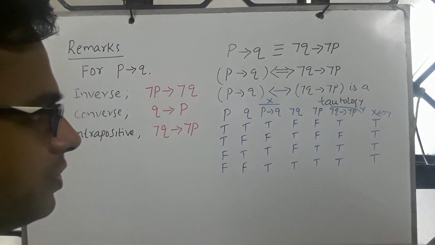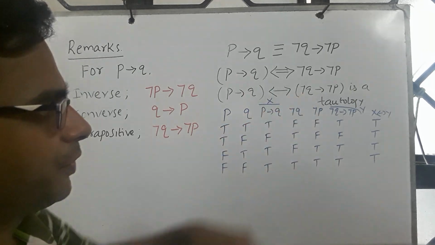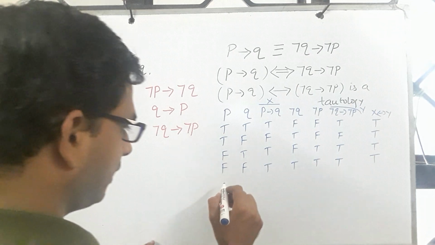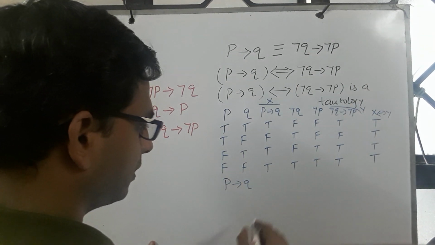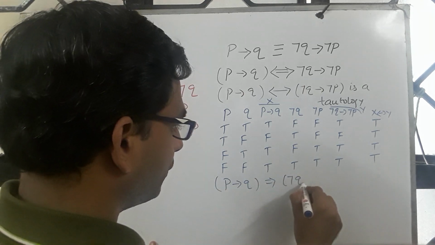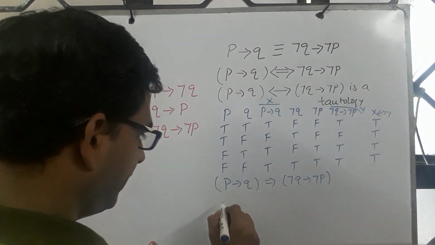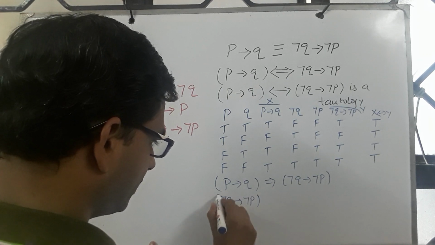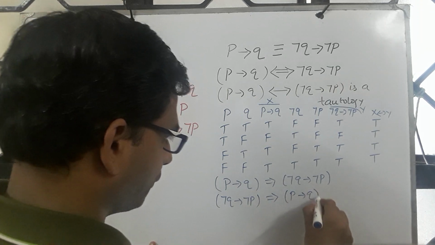So this shows that P imply Q and negation Q imply negation P are equivalent. So in a context, if P imply Q appears, you can replace that with negation Q imply negation P. So similarly, in a context, negation Q imply negation P appears, you can replace that with P imply Q.